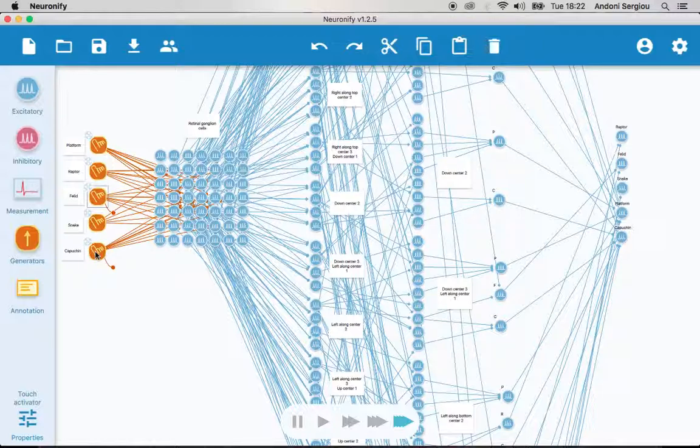Give capuchin a go now. So capuchin in the retinal ganglion cells. Some layer 1 neurons have fired. Some neurons in layer 2.